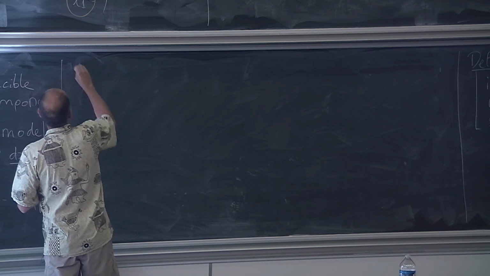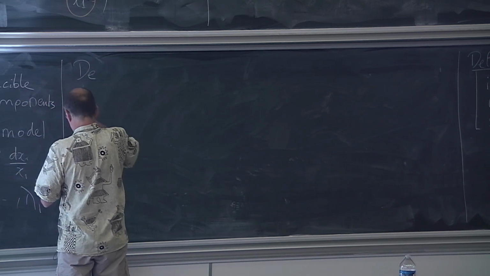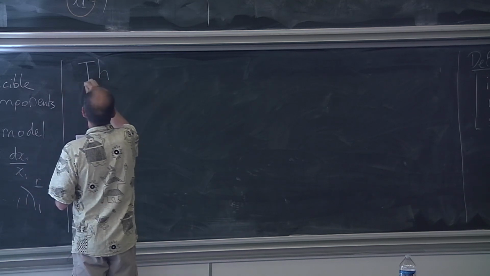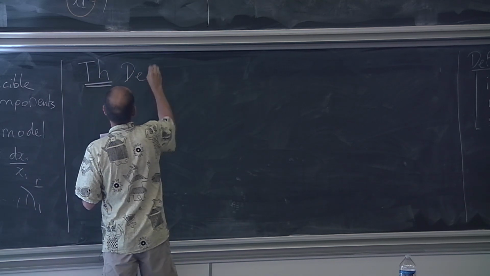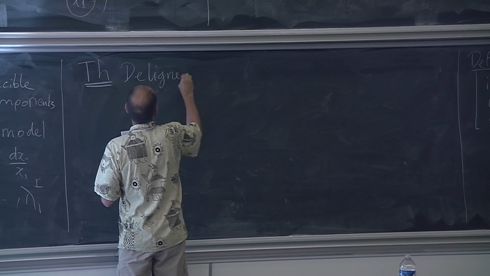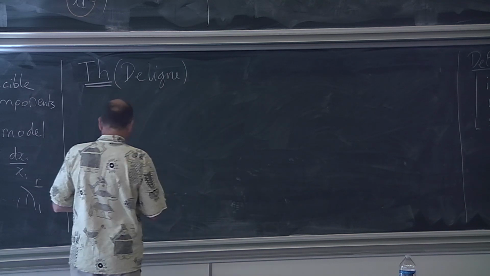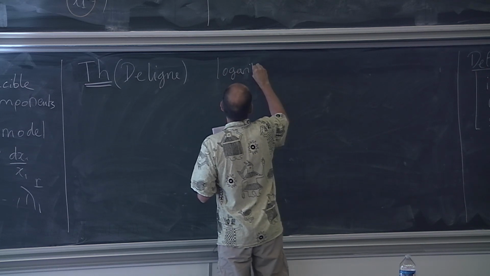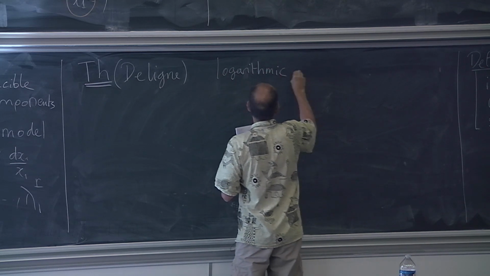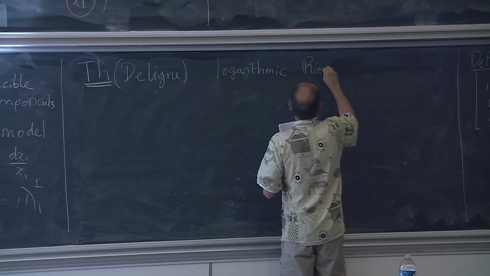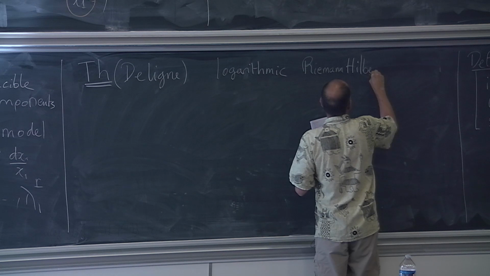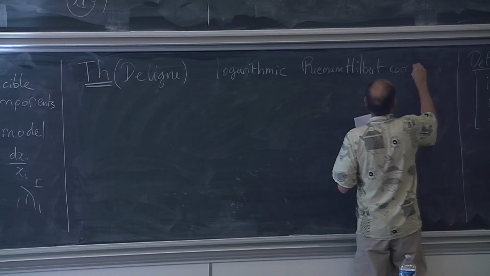And so you have the version of the Riemann-Hilbert correspondence here, which is due to Deligne. It is a logarithmic Riemann-Hilbert correspondence.